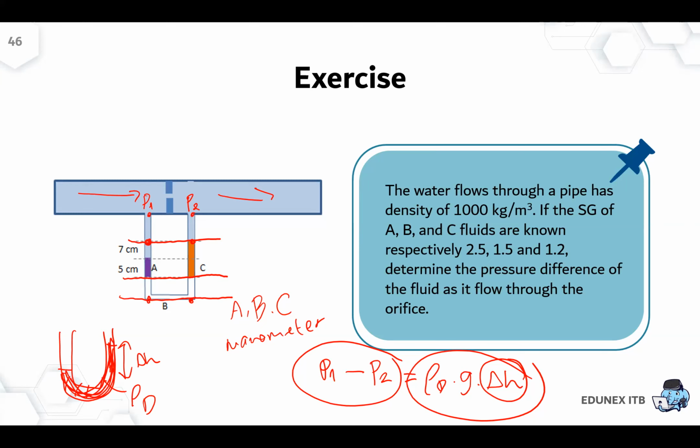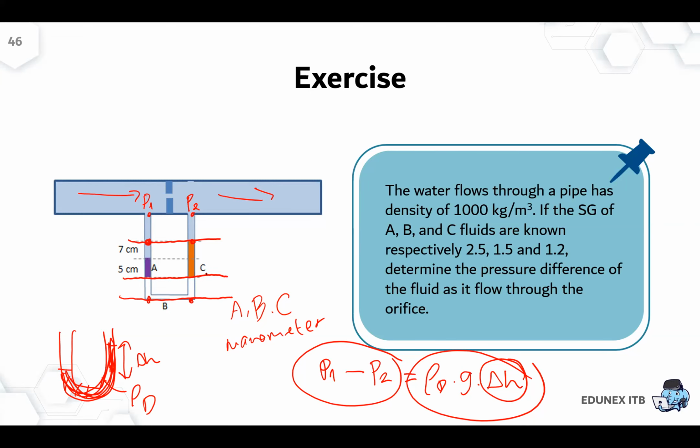Will it be the same? Why? Because the head is the same, right? The head is the same, and it's connected to the same fluid. I hope you all can understand. So the pressure here is the same.